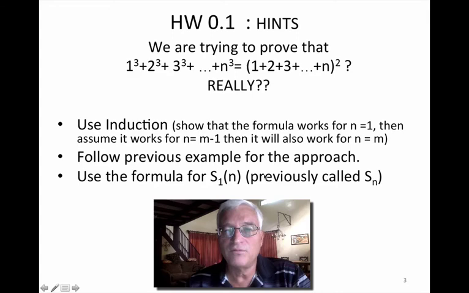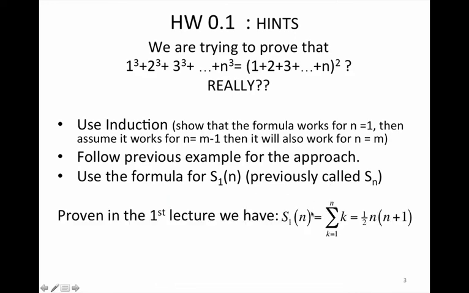Use the inductive approach and get a formula for S1, which is in the lecture notes. We previously called it S sub n, and I'm going to give it to you here in a moment. In fact, here it is. From that first lecture, we already proved that the sum of integers is 1/2 n times n plus 1. So if you had S1 of m, that would be 1/2 m times m plus 1. So you've got that.